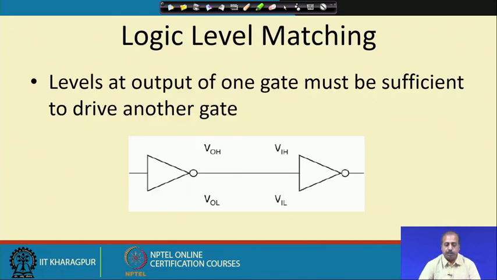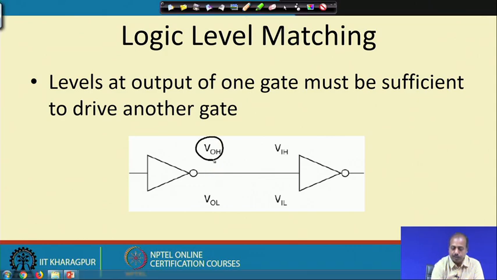Consider this situation where we have two gates. Both are inverters in this case, but it need not be an inverter. The output of one gate is feeding the input of another gate. Now, when this gate outputs a high, that voltage level is VOH. This VOH should be sufficient for the second gate to take it as high.